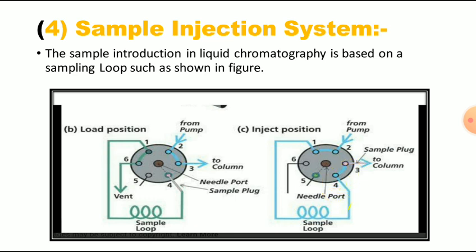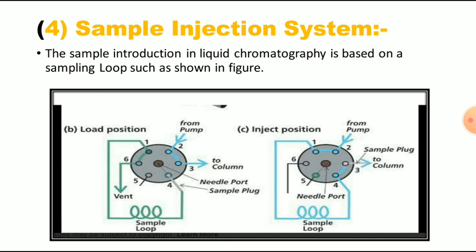We have already loaded the sample into this loop, right? When the system rotates, at that time number 1 and number 2 will be connected, number 3 and number 4 will be connected, right? So at that time what will happen?